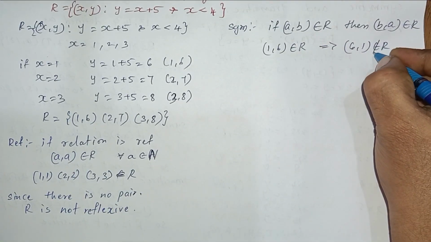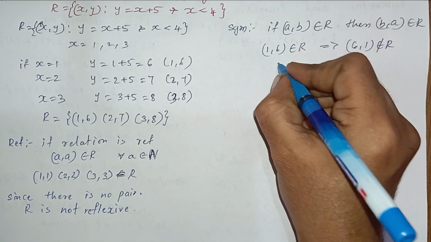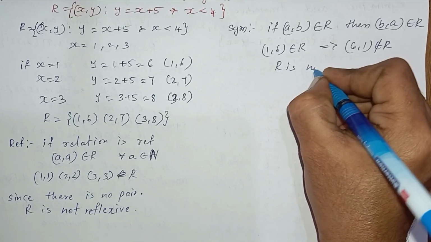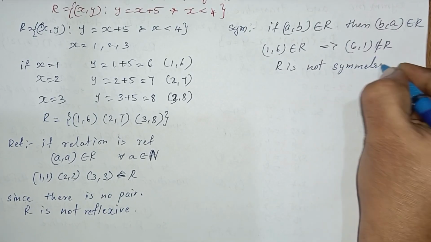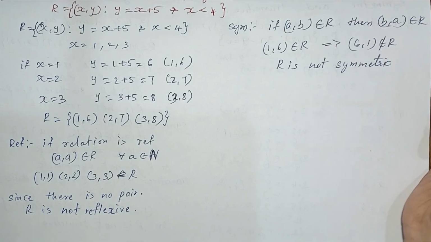So (6, 1) does not belong to R, and R is not symmetric.